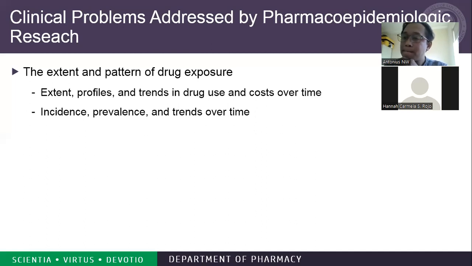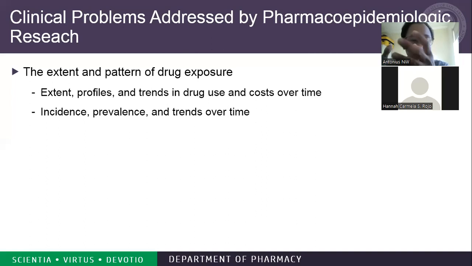So if you are a pharmacist in Indonesia, you can easily find that this person receives corticosteroids, that person too, and during a day you can find many prescriptions for corticosteroids.